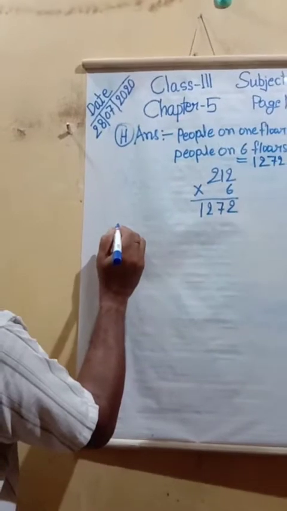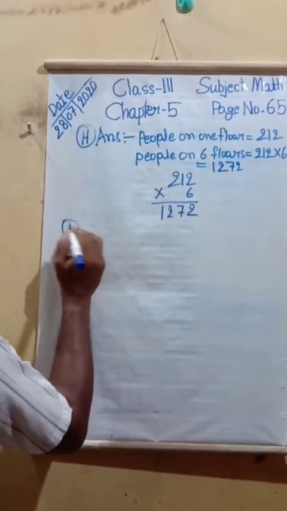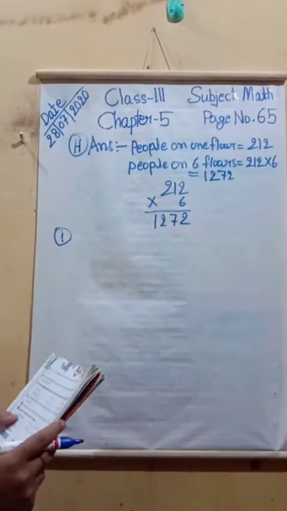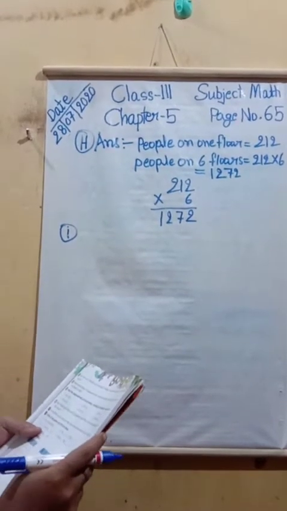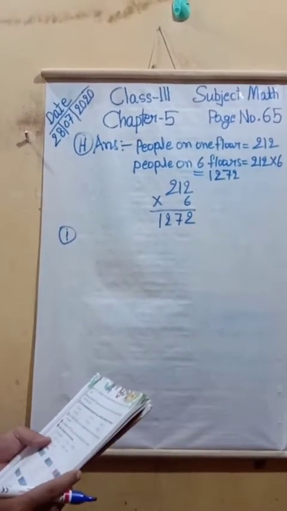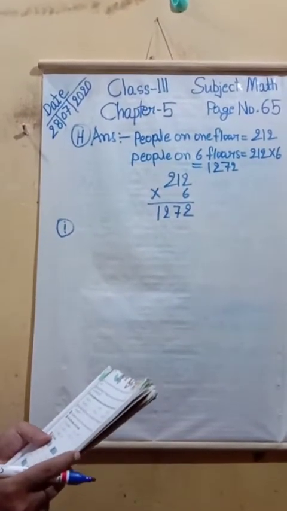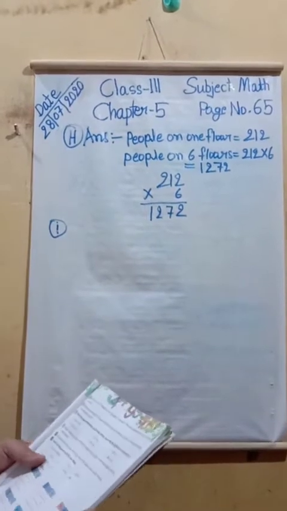Question number I. A multiplex runs 12 shows in a day. How many shows does it run in 30 days?